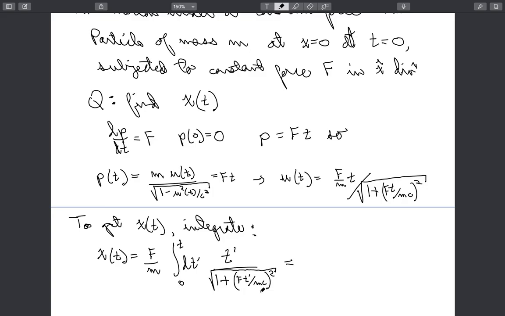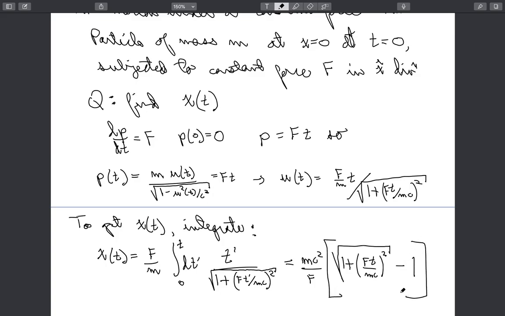Then I need to correct for these factors that are squared: I have an m squared c squared divided by F squared, but then I multiply by F over m, which leaves me with m c squared divided by F. Then I have the square root evaluated between 0 and t, so I get the square root of 1 plus F t over m c, squared, minus the same thing evaluated at t equal to 0, which is 1.